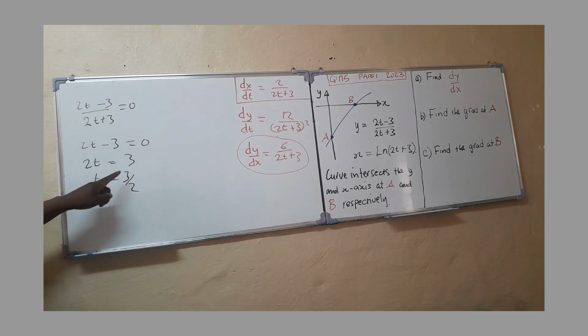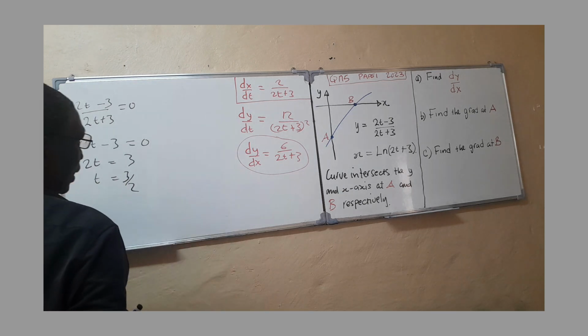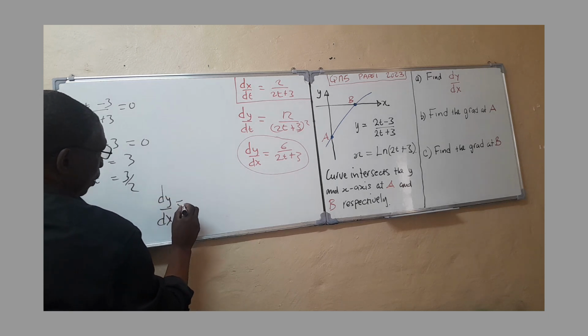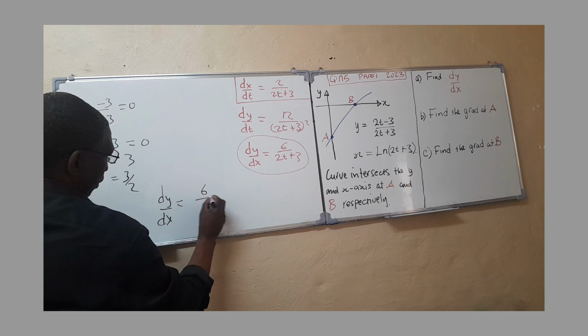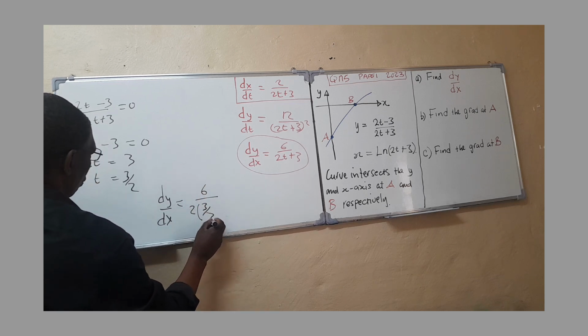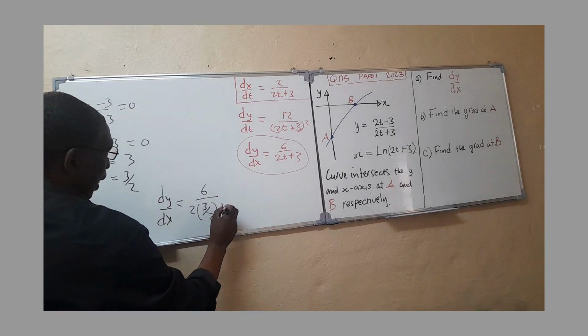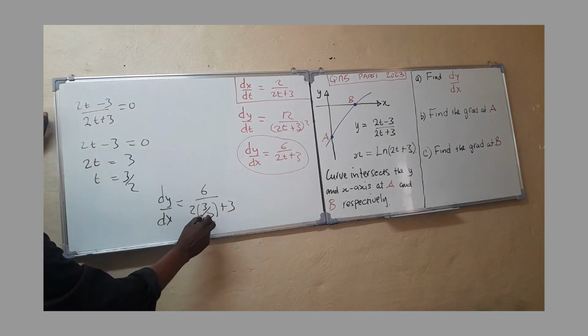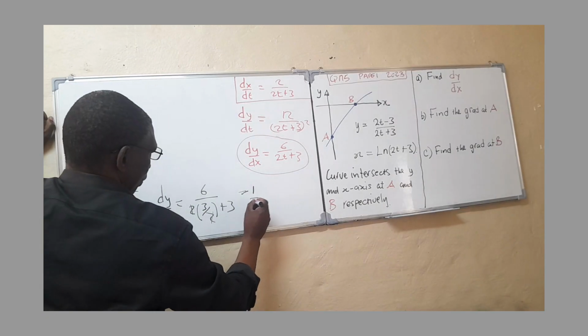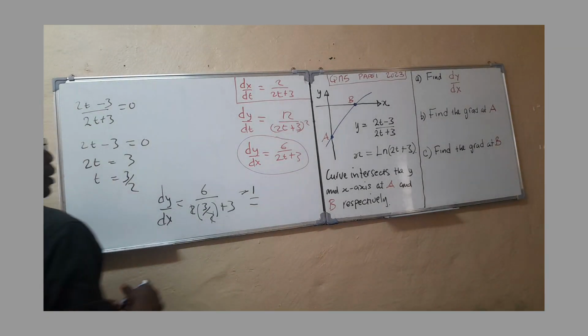Now, if t is equal to 3 over 2, what is dy/dx? Well, dy/dx will be equal to 6 divided by 2 multiplied by 3 over 2, that value there, plus 3. Well, the 2's cancel out, and you are left with 3 plus 3. So 6 divided by 3 plus 3, which is 6 divided by 6, which is equal to 1. So dy/dx here is equal to 1.